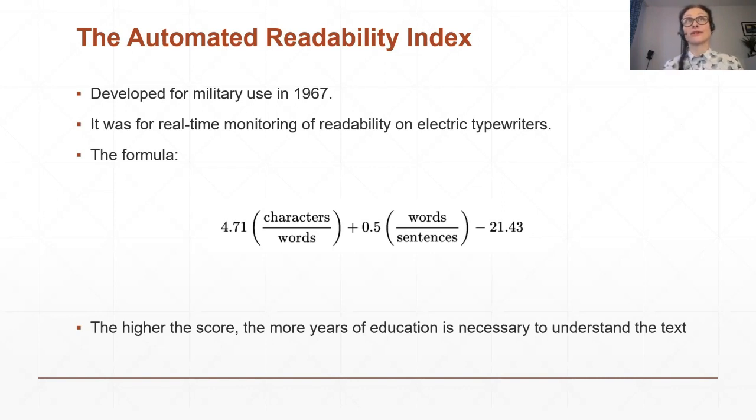And it was real-time monitoring of readability on electric typewriters. So the typewriters had a device that was counting each time a button was pressed. A space was considered a new word and a dot was considered a new sentence. And the higher the score, the more years of education is necessary to understand the text.